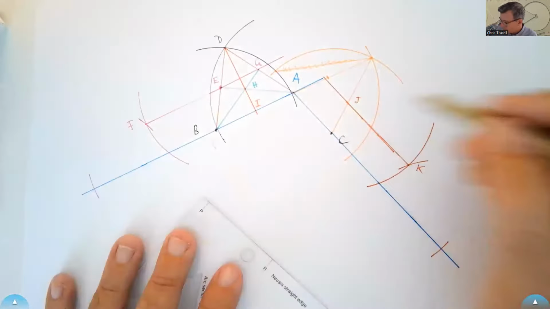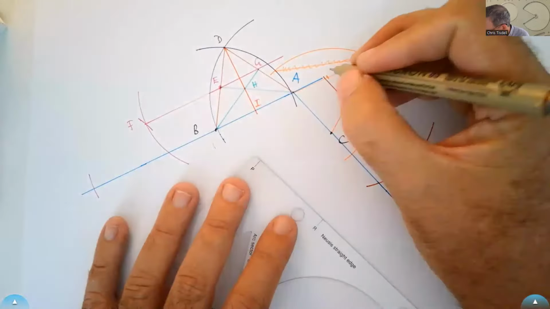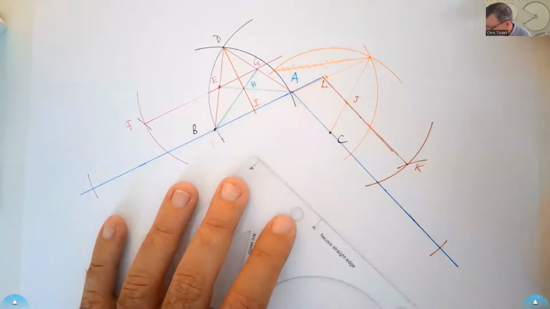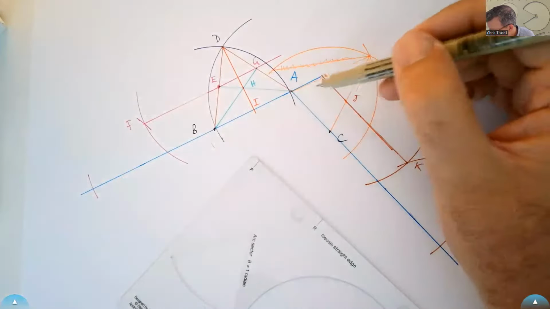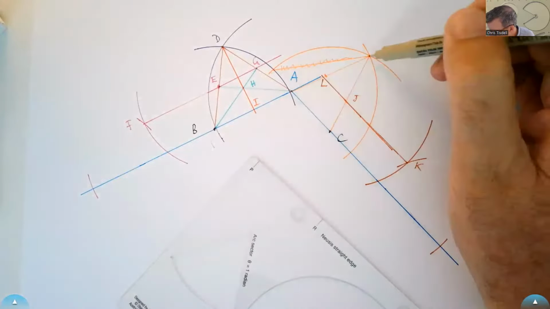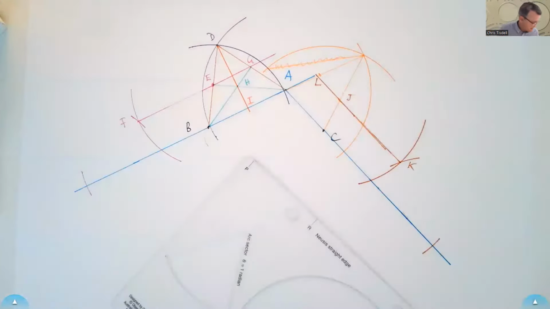Okay, so I get a new point, say L. All right, just like we did over here, diagonals, and then we'll connect those up.